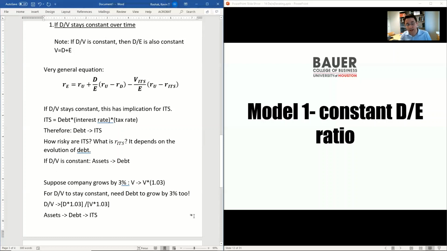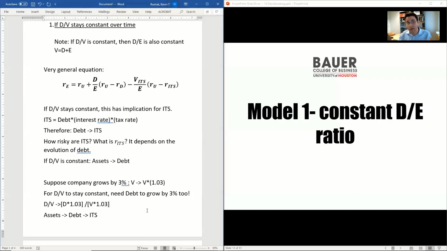Okay, so putting it all together, as the value of the assets grows, say 10%, the value of the debt has to also grow 10% to keep the debt to value ratio constant. That means that the interest tax shields have to also grow by 10%, because we know that the interest tax shields are just driven by the level of debt. So we're getting this one-for-one relationship between what's going on the asset side and what's going on the tax shield side.